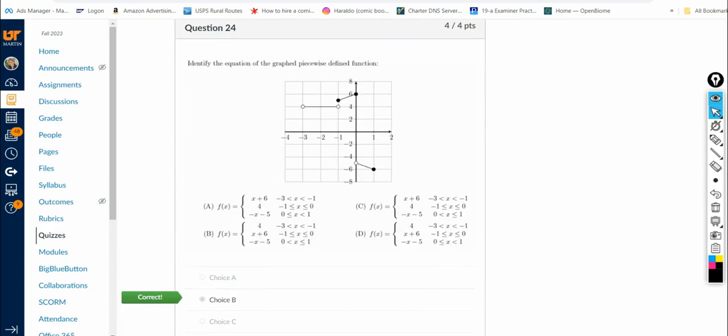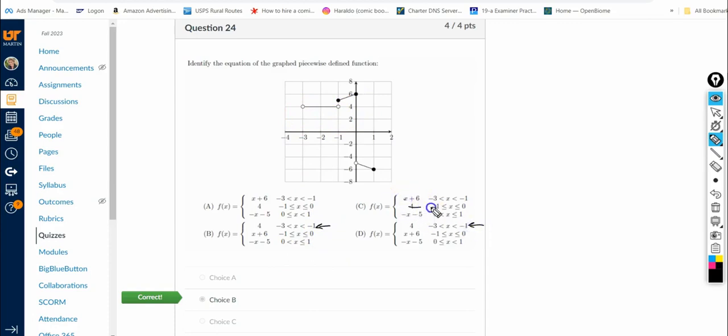Okay, so I can do a little bit more explaining on this one now that I'm not under time constraints. So if it's a horizontal line, it's y equals a number, and the number's 4, and it's when x is strictly between negative 3 and negative 1. So that was true, and that one's true.